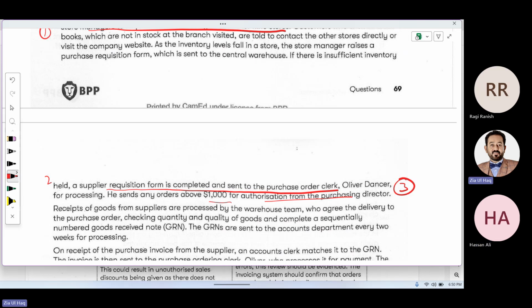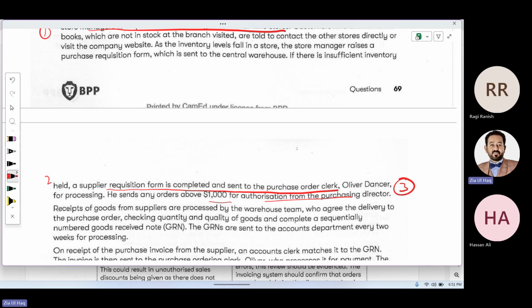So select a sample of purchase orders below $1,000, please specify the currency as well, to ensure that there is an authorized person's signature other than the purchase order clerk.